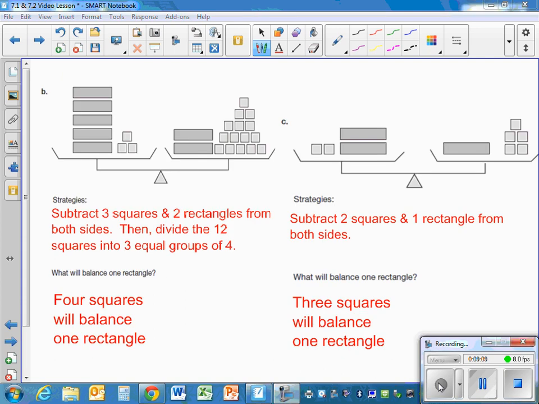Here are your answers for part B and C. You need to subtract off 3 squares from both sides. Remember, whatever you do to the left, you have to do to the right. And then you can also subtract off 2 rectangles.